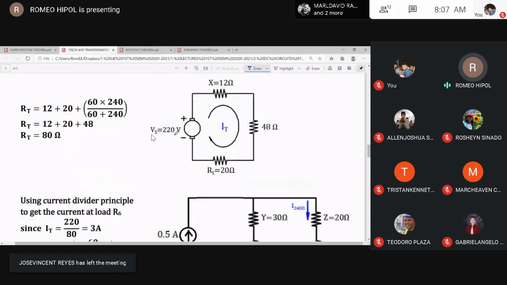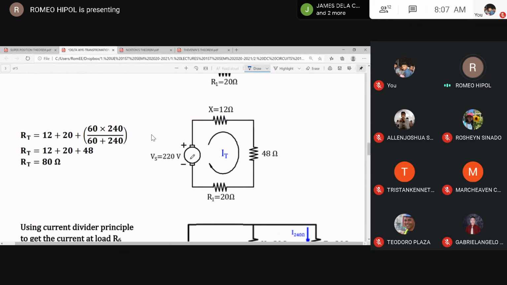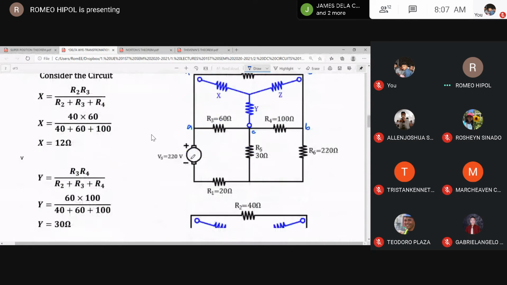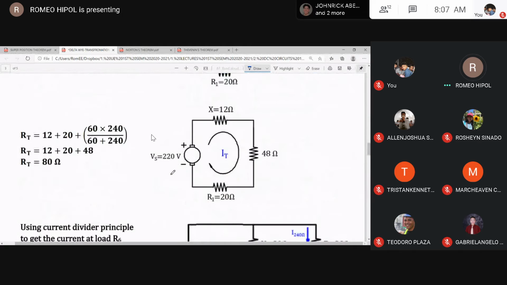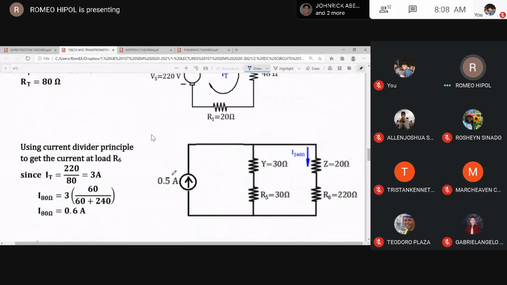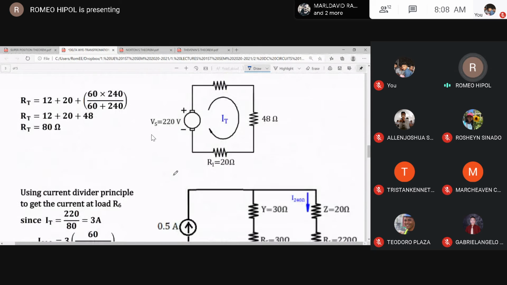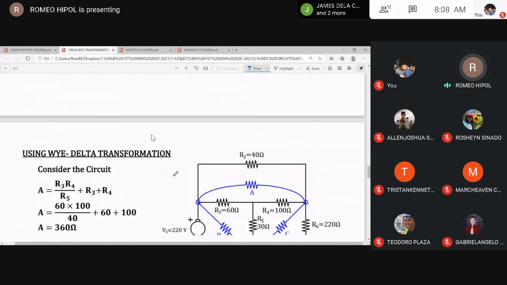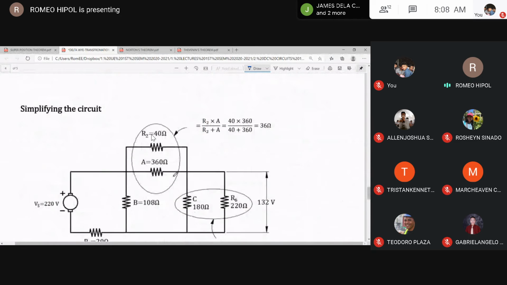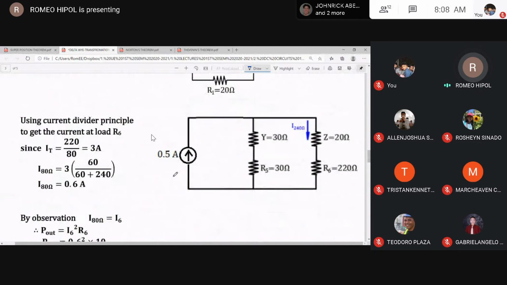Okay, teka. 220. Okay, hindi ko na na-add. Wait lang ah. Kasi screen natin nagbago. Dapat gagamitin ko ito sa kabila. Ito.